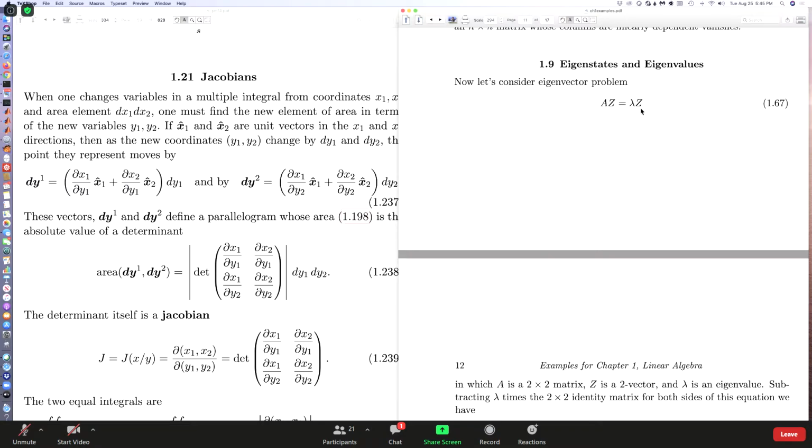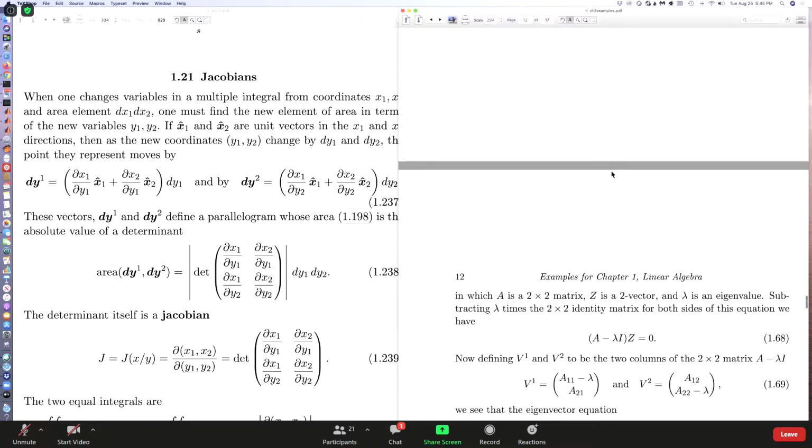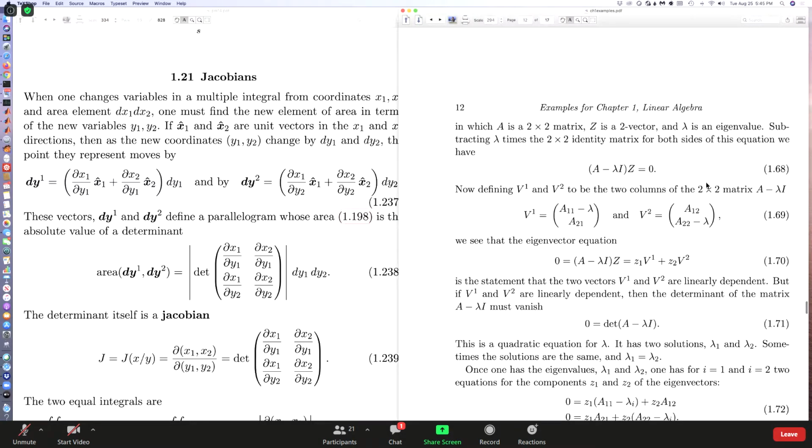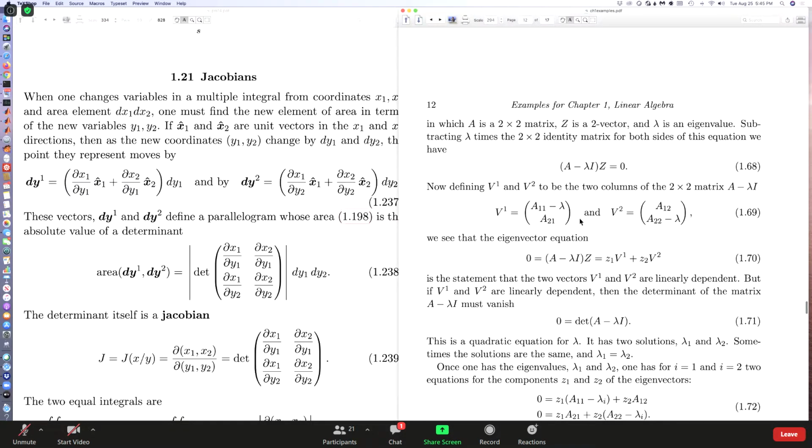The eigenvector problem, let's just look at it. A times a vector Z is an eigenvalue times vector Z. If it's a 2x2 matrix, Z is a two-component vector and lambda is an eigenvalue.